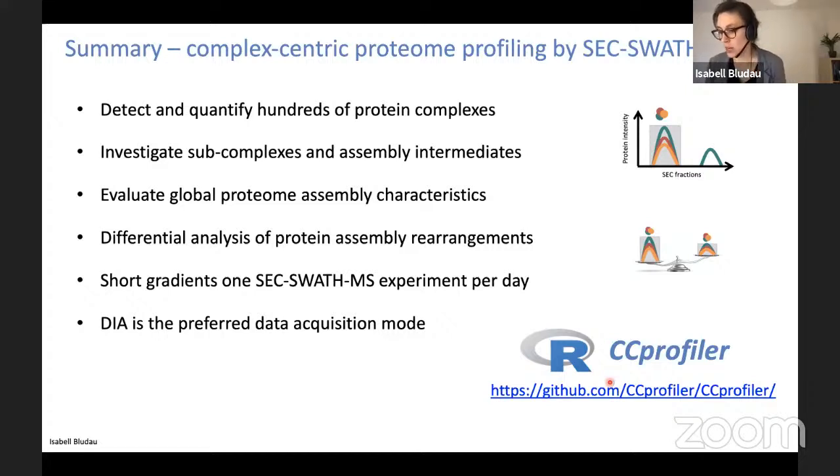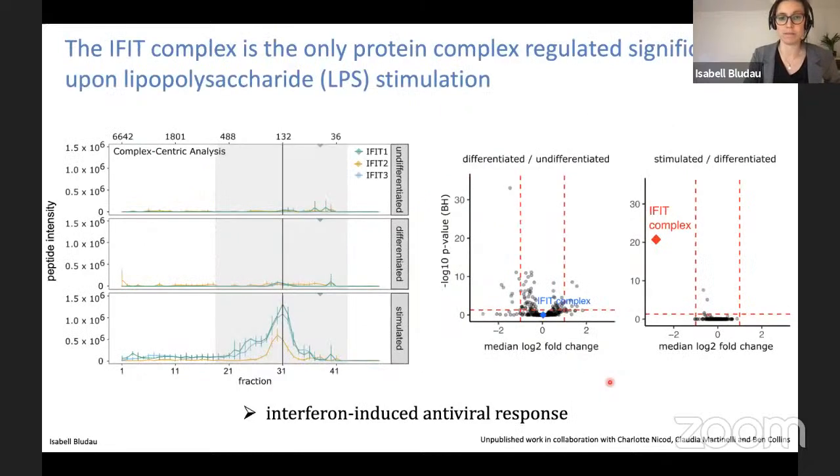Another question by Charlie: can SEC really isolate more than 10,000 kilodalton of protein complex? Yeah, this is a good question. So if we go here, there is not a high resolution at these really high molecular weights.